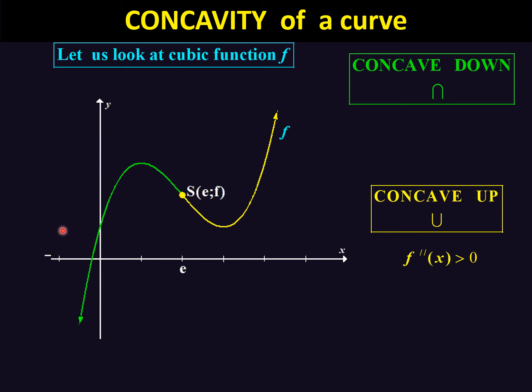And on the other side, the concavity separates the inflection point and will determine where it curves up or where it curves down. So the second derivative less than 0 would be concavity downwards, and the second derivative greater than 0 will be the concavity upwards there.